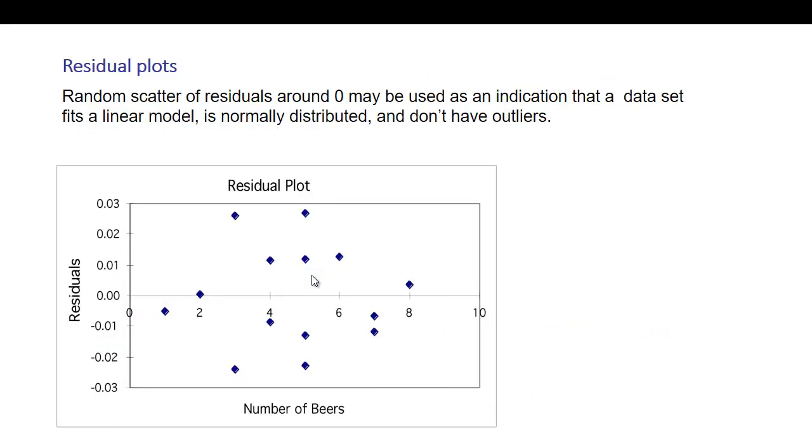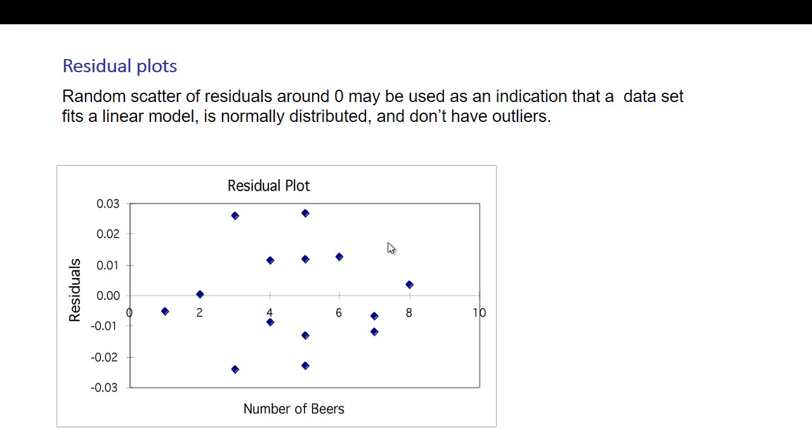If we see a random scatter of residuals around 0, around the horizontal axis here, then we may use that as an indication that a data set fits a linear model, is normally distributed, and doesn't have outliers.